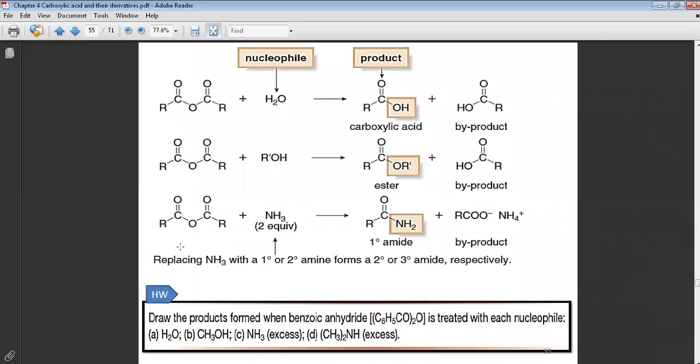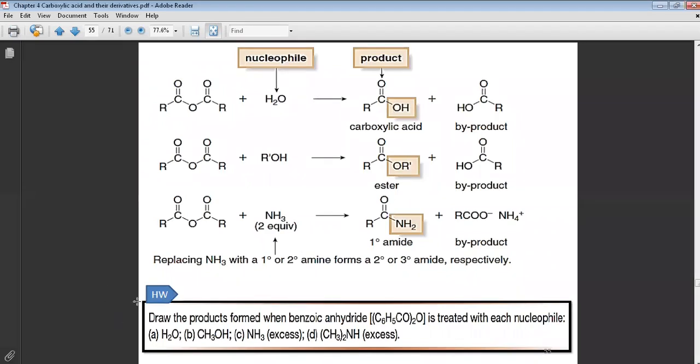Then replacing NH3 with a primary or secondary amine, with two equivalents, forms a secondary or tertiary amide, respectively. If you use a primary amine, it gives a secondary amide. If you use a secondary amine, it gives a tertiary amide, like this.